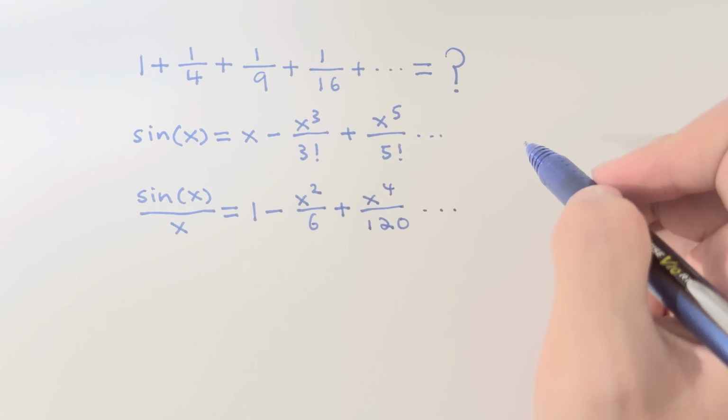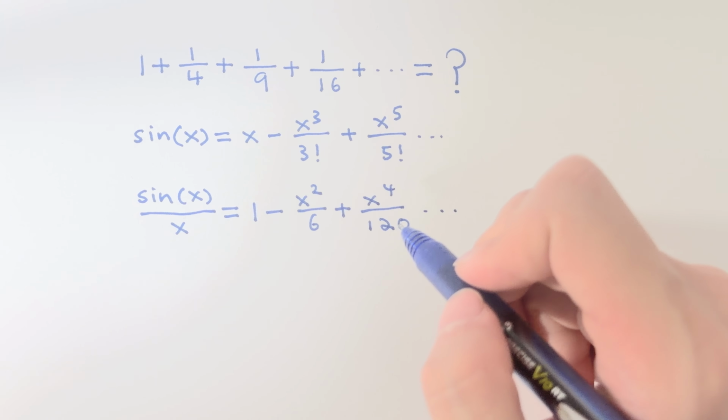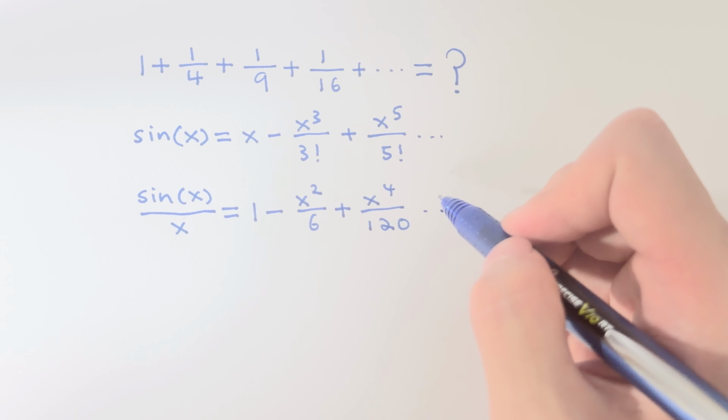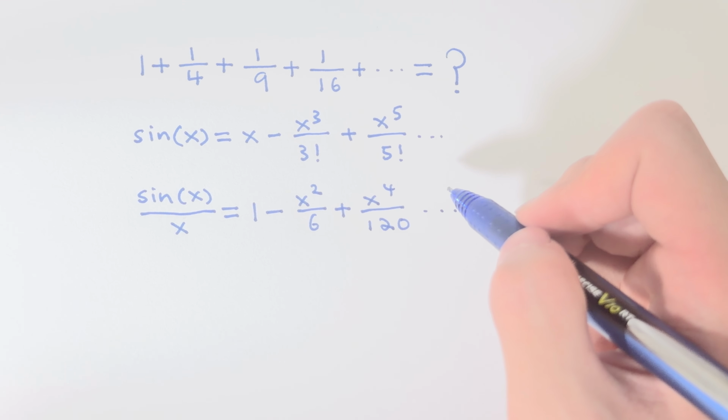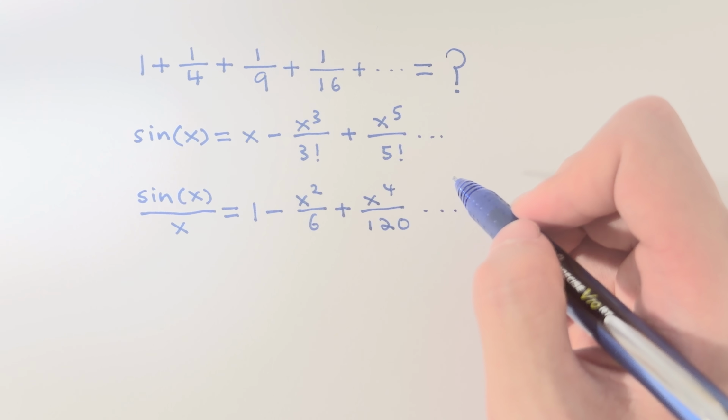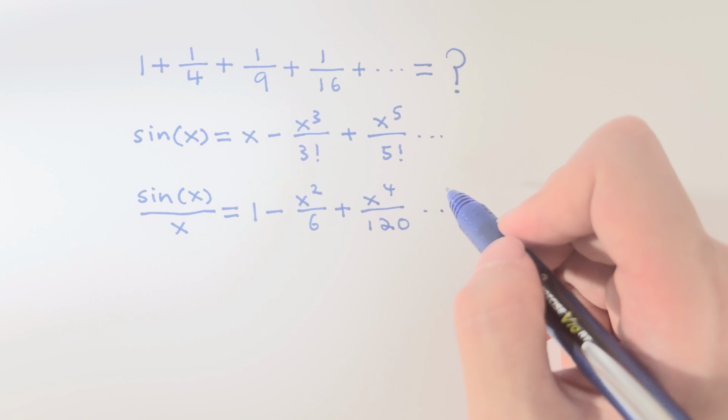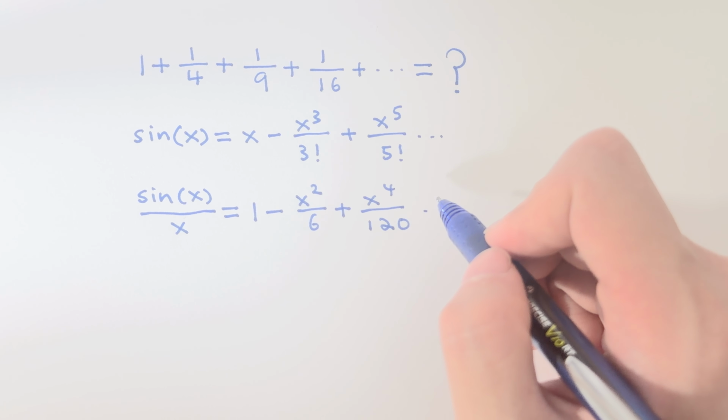So you can see that when x equals 0, this equation equals 1. And keep your eye on the negative x squared over 6. This is the key to the entire mystery.